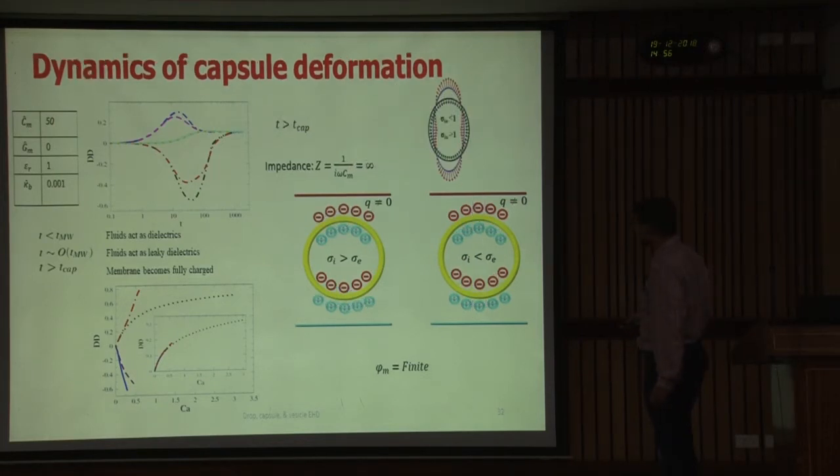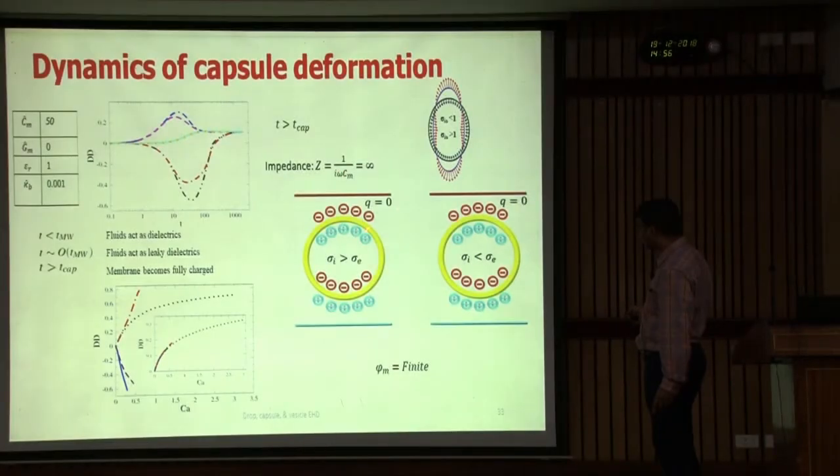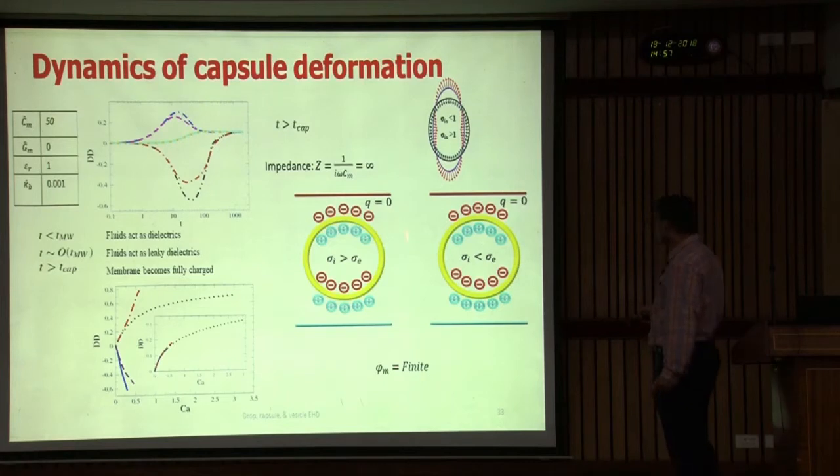Okay. If you go to very long times, that is very small frequencies, the membrane impedance is significant. If the membrane impedance is significant, the normal electric field has to be 0, because the current has to be 0. And if the normal electric field is 0, one can show that the normal stress now comes only because of the tangential field.